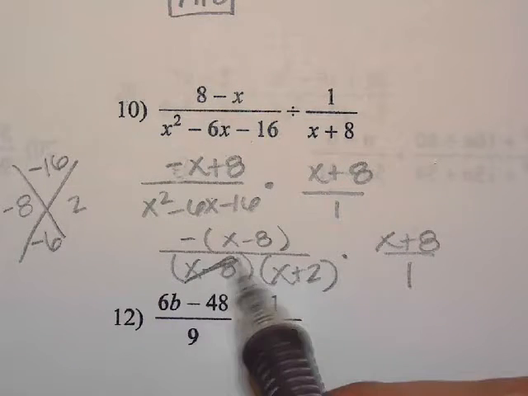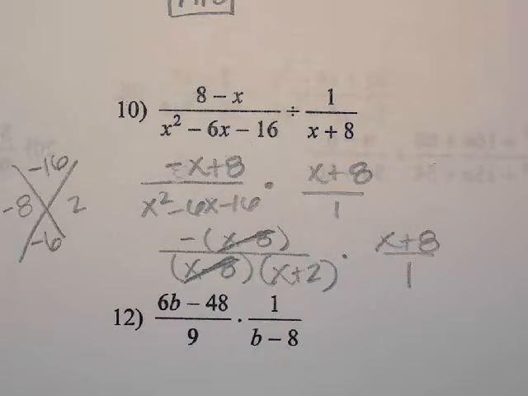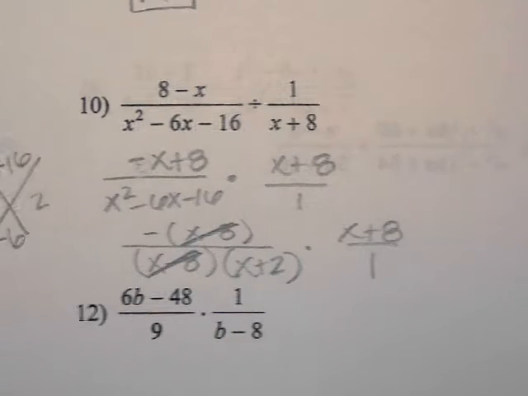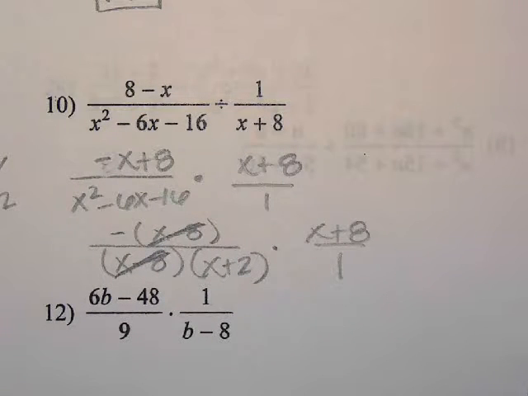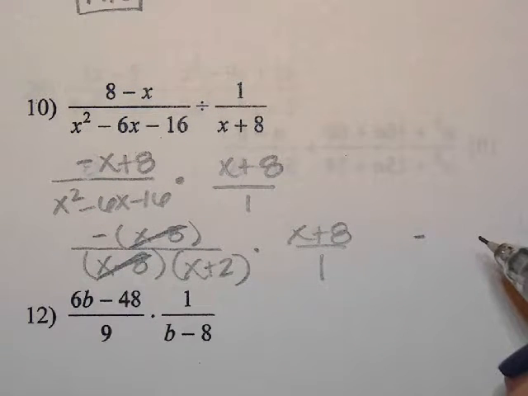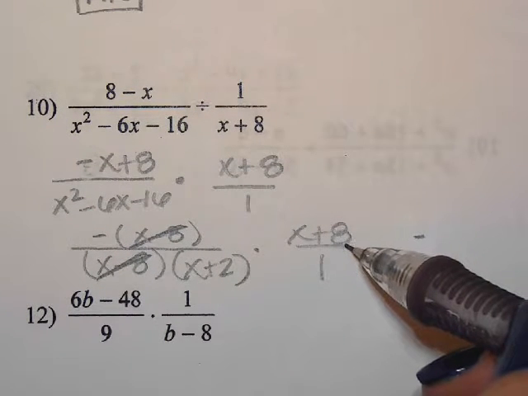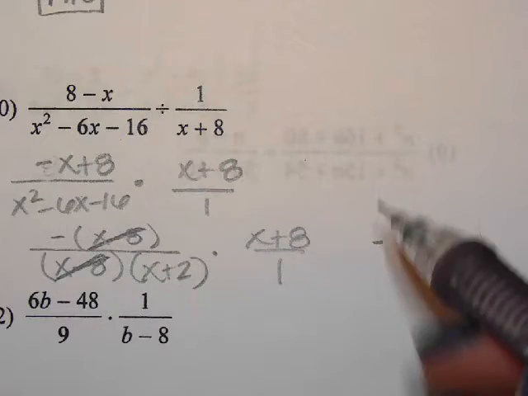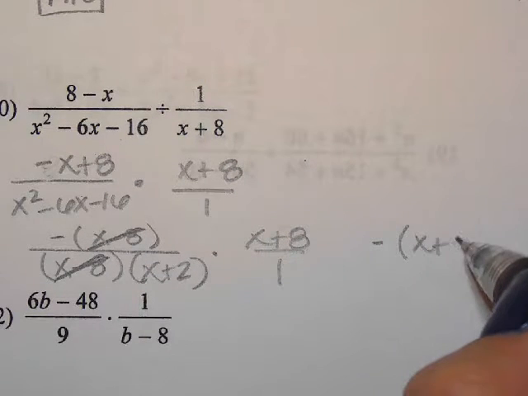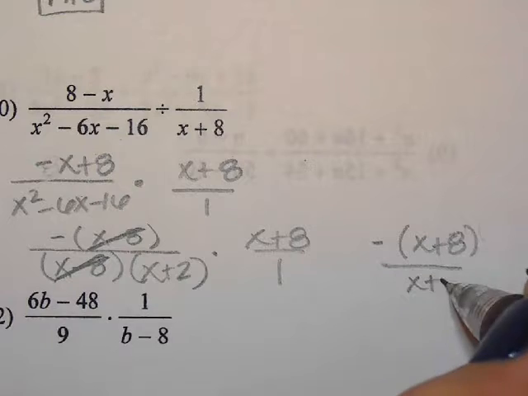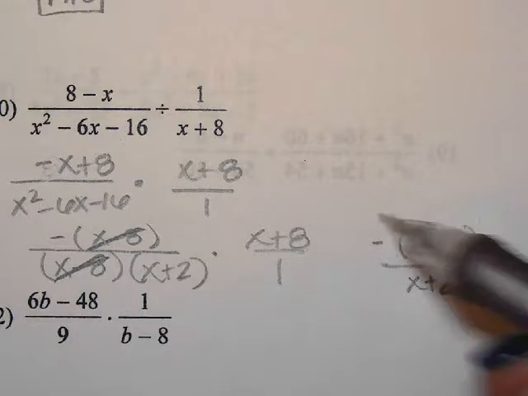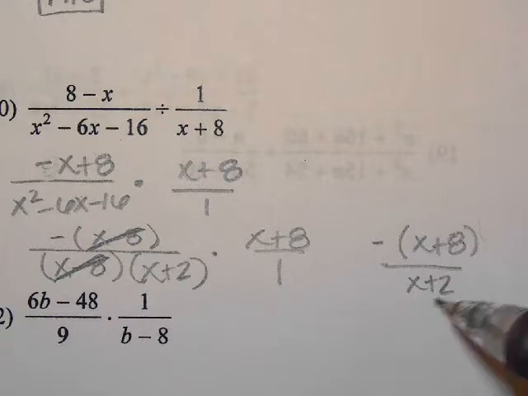The x minus 8 and x minus 8 cancel. So we have the negative. But what about over here? Negative x plus 8 over x plus 2. So we keep the negative, we keep the top parentheses, we keep the bottom.